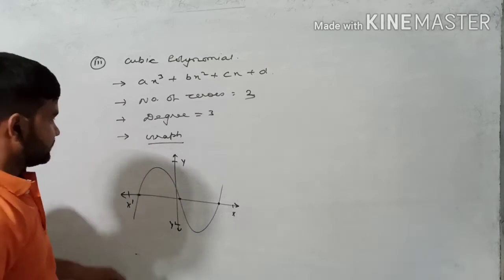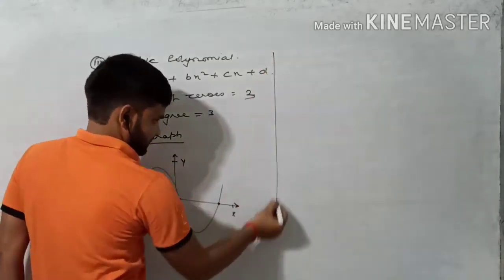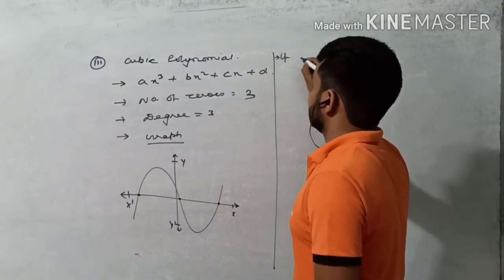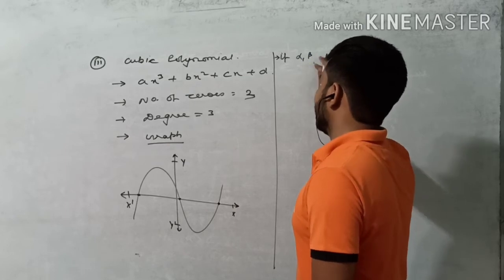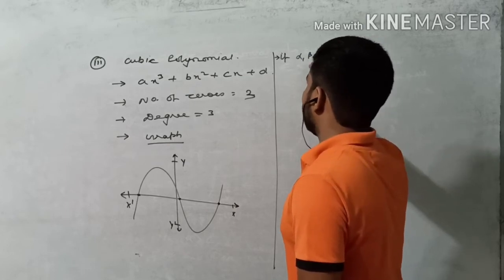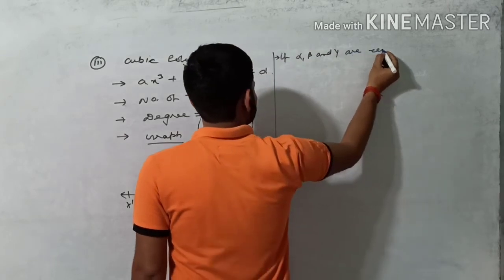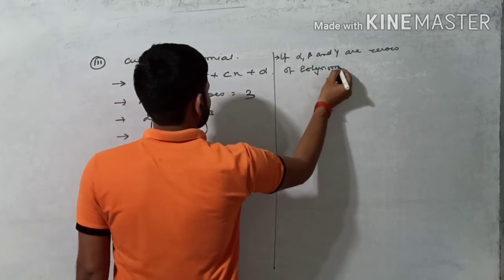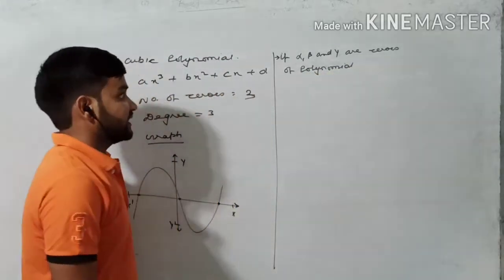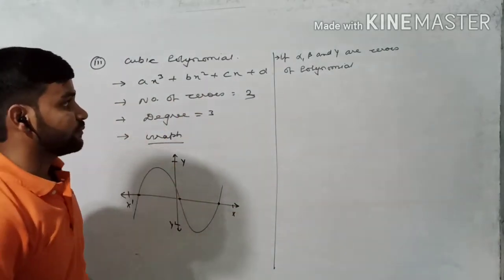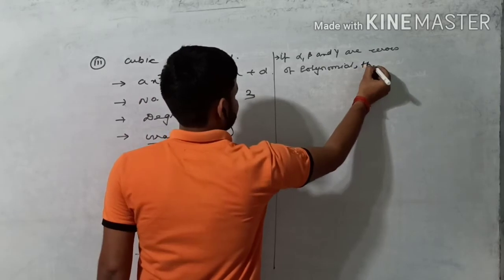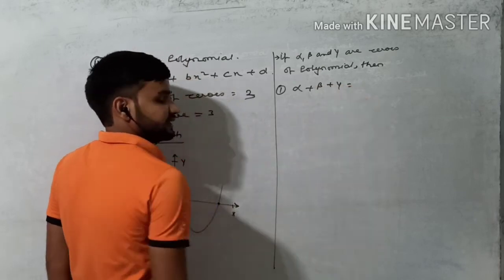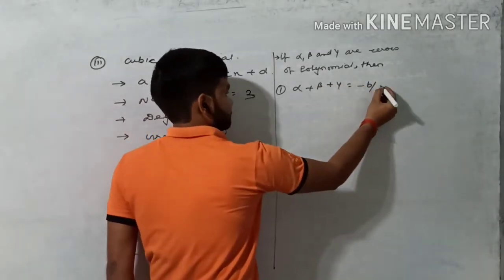Clear? Next, if alpha, beta and gamma are zeros of the cubic polynomial, then the first relation is alpha plus beta plus gamma equals minus b by a.